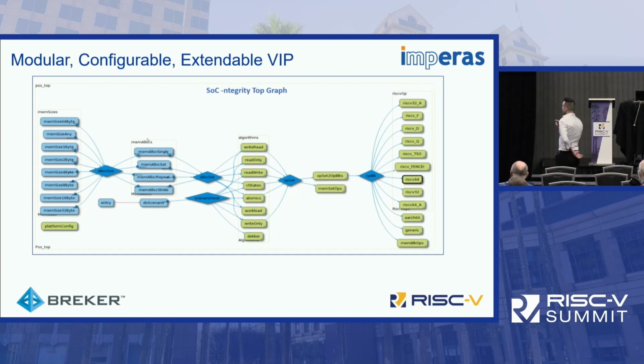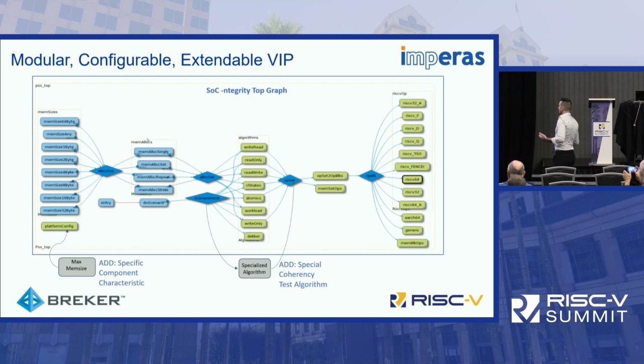As you can see, you can have a platform config, which will tell you exactly all the different transaction sizes that can play. Right next to it, you see, for example, the memory allocation. How do you allocate memory in the system? Next to it are all the different algorithms that you might want to run. These are things that you can specify directly, or you can simply randomize.